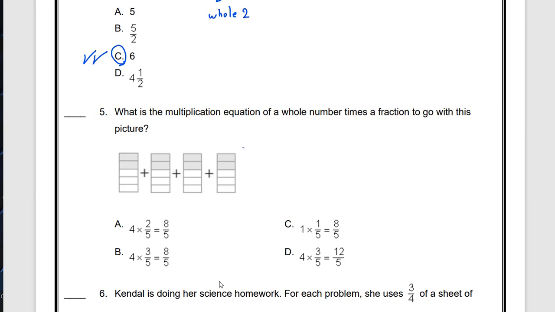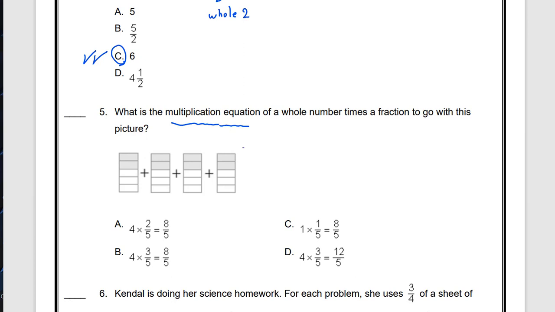What is the multiplication equation of whole number times the fraction to go with this picture? 2 plus 2 equals 4 plus 4 equals 8 and 3 plus 3 plus 3 plus 3 equals 12.